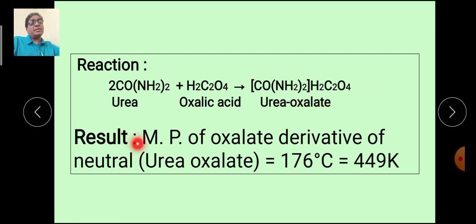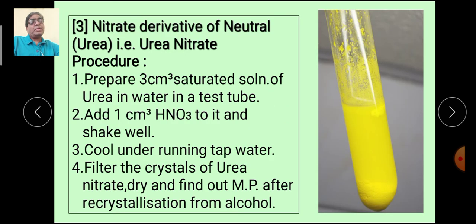The result: the melting point of the oxalate derivative of urea, a neutral compound, known as urea oxalate, is found to be 449 Kelvin.